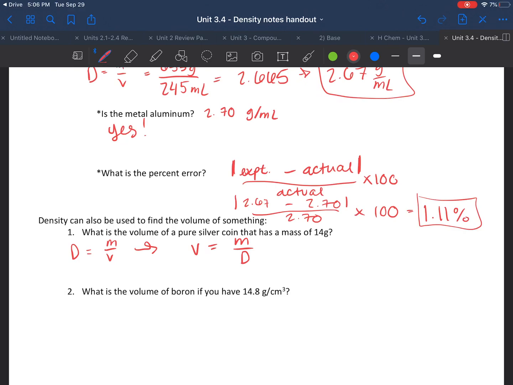And now, do we have a mass? 14 grams. Sure do. And we can look up the density of silver. So volume would be equal to 14 grams divided by, and if I look up the density of silver, looks like I don't have that handy, I don't think. One moment, I will Google it.